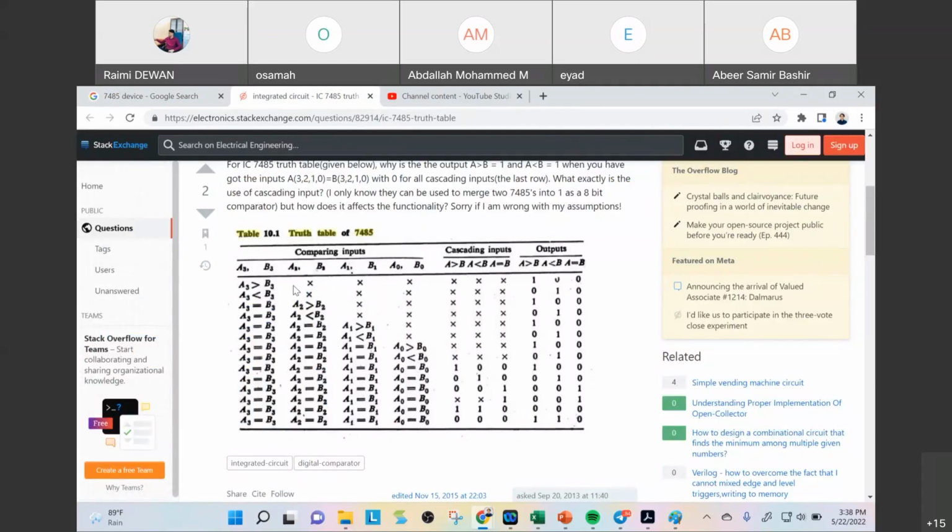Okay, I'm not sure this one is in the module or not. Where is the module? I didn't read the module for this one. But is it in the module? Where is the module book? This one, 7485. I mean this one, the truth table.